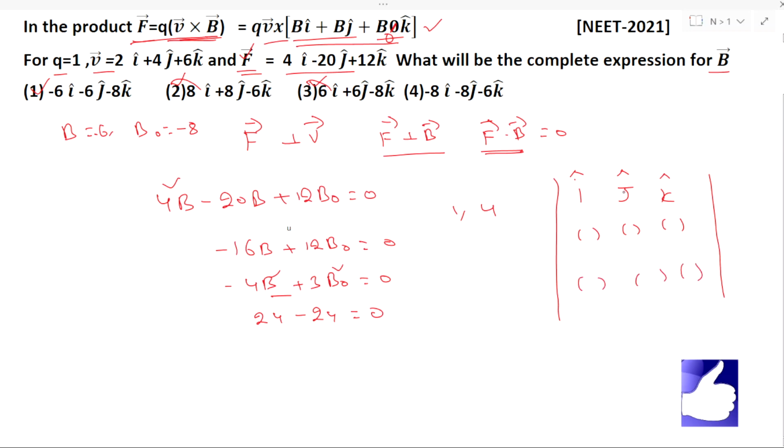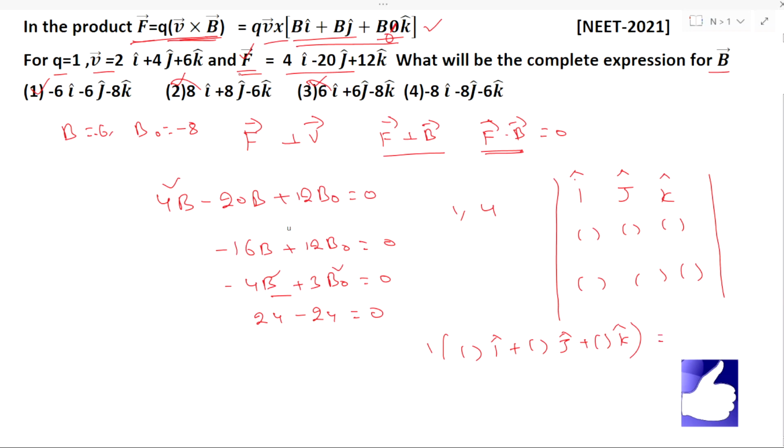And you have to calculate the determinant. If you calculate the determinant, you'll get some number into i cap plus some number into j cap plus some number into k cap, and you have to multiply this vector with q, that is 1. That will give you the force.